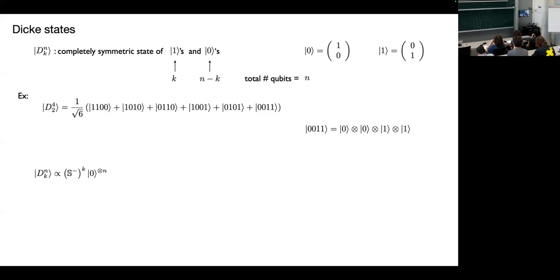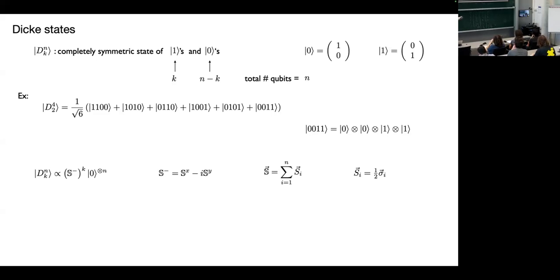So this state, you can think of it as starting with the state of all n qubits in the 0 state, and then applying k times the spin lowering operator. The spin lowering operator, S minus, is Sx minus i Sy. And the spin operator S, it could be Sx, Sy, or Sz, is just the sum of the spin operators at each site from 1 to n.